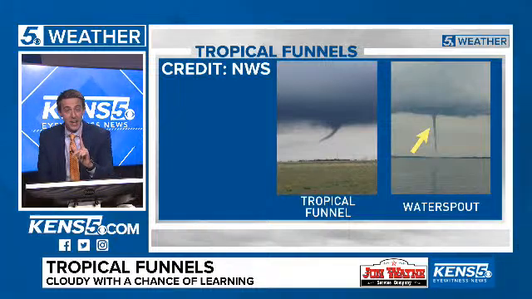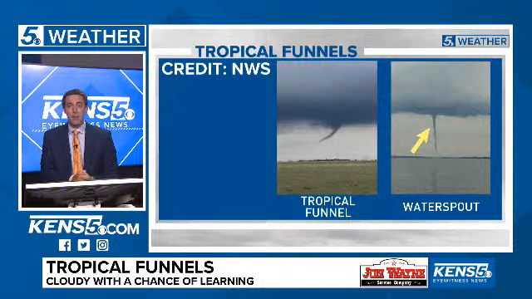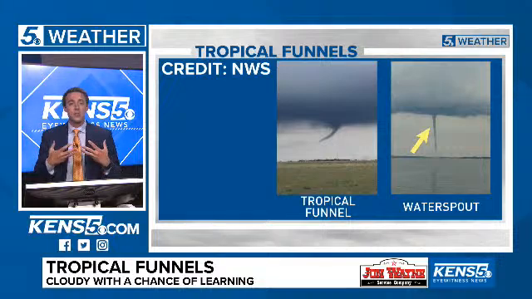And guys, if you have any questions, please ask them. I'd be happy to answer them for you. The waterspout in the Jackson, Mississippi area only lasted for 15 minutes. Remember what we said, these are typically short-lived.